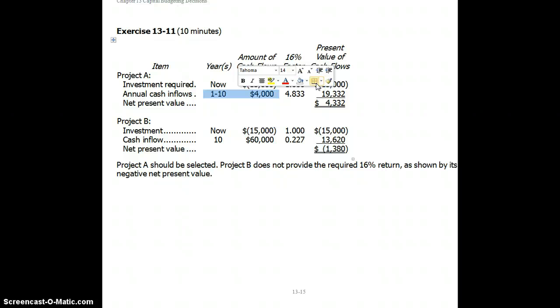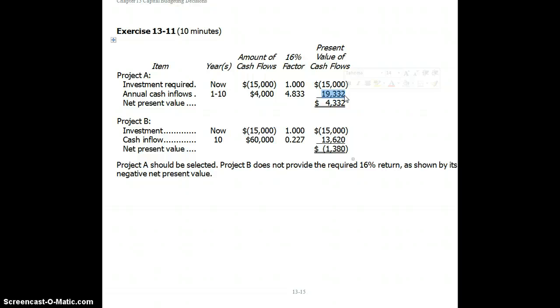That 4.833 discount factor will be multiplied by one year's worth of cash flows. They're even cash flows. That's the description of an annuity. So $4,000 multiplied by 4.833 gives us the present value of the cash inflows to be $19,332.